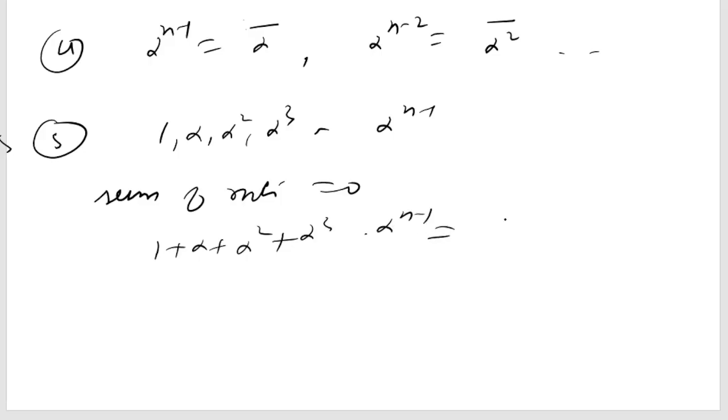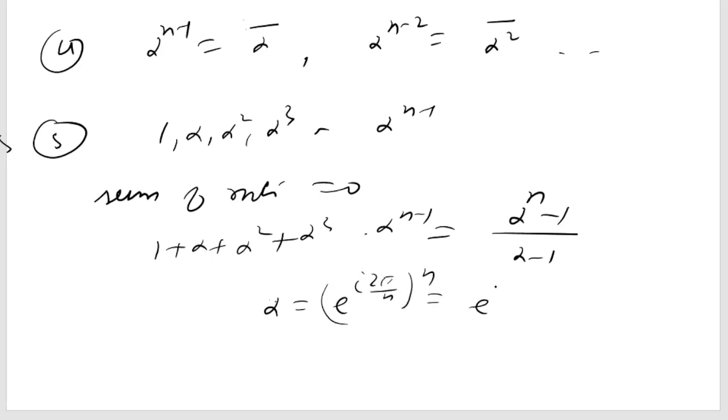They are in GP, so GP means common ratio alpha, number of terms n, so the sum is (alpha to the power n minus 1) upon (alpha minus 1). Clearly here, what is alpha to the power n? Since alpha is e to the power i 2 pi by n, alpha to the power n is nothing but e to the power i 2 pi, that is 1. So this is 1 minus 1, which is 0. The sum of roots is 0.